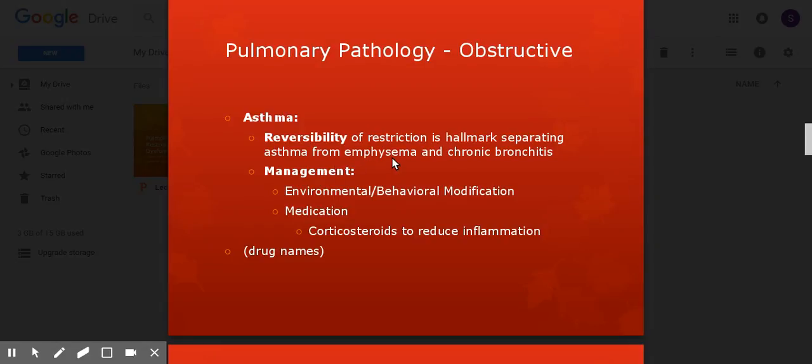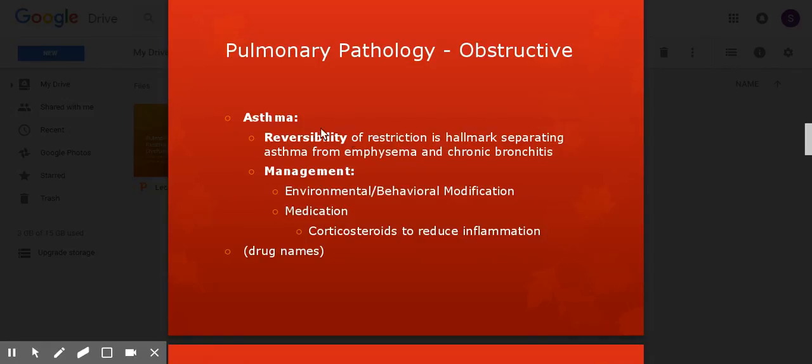And so again, a person is tested, they're given a pulmonary function test, they then use a bronchodilator, and they are able to improve their FEV1 by 12% or more and increase of 200 milliliters of their FEV1, which is considered a clinical sign of reversibility.